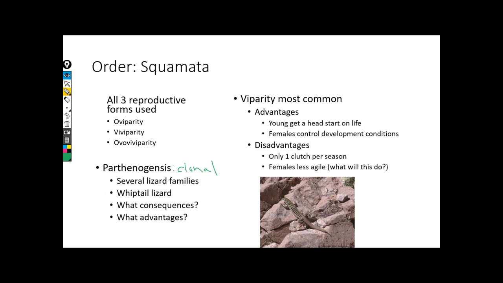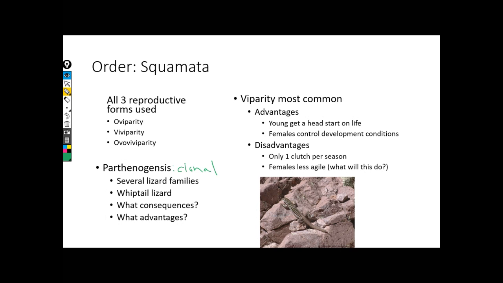All right, so most of the time, as weird as it is to imagine, because we all kind of imagine this disturbing clutch of snake eggs, most of the time we are having live birth. Little lizards running free, immediately being born. Some snakes even being born live. We've seen this, particularly in our non-venomous snakes, which there are more of.